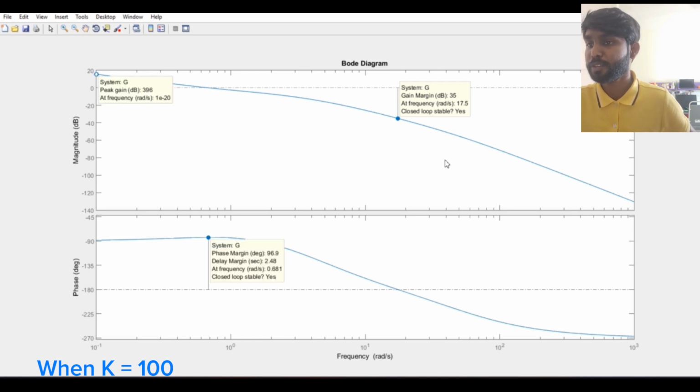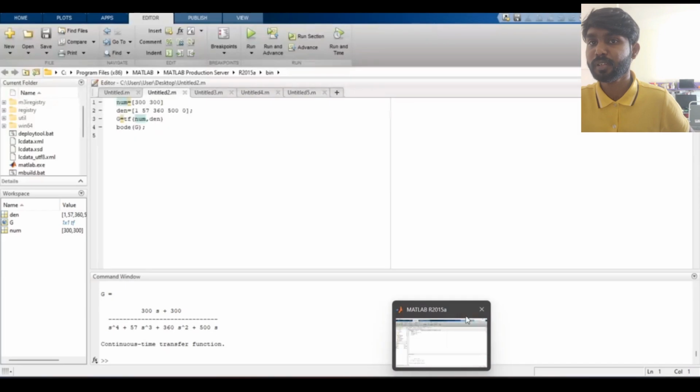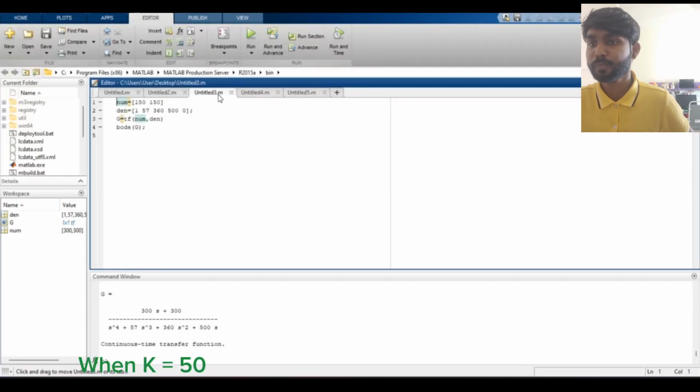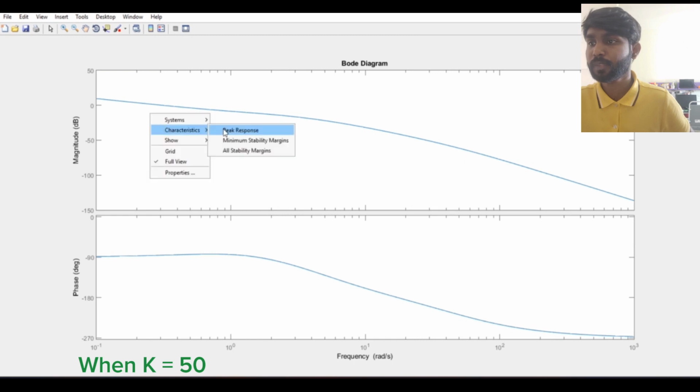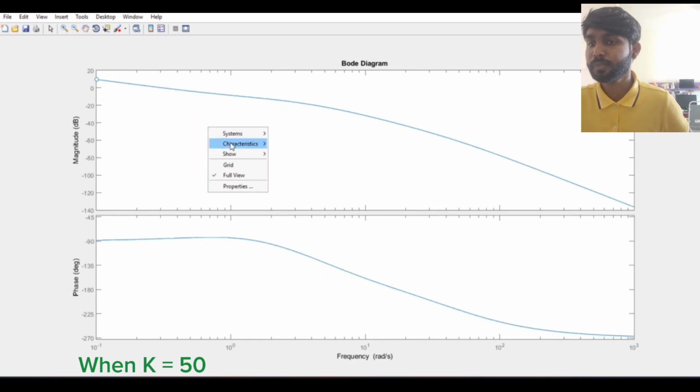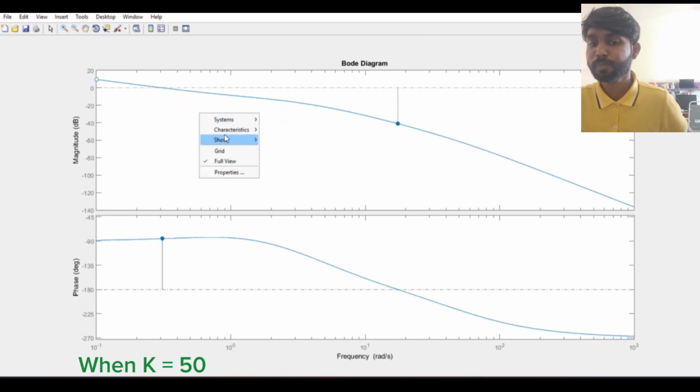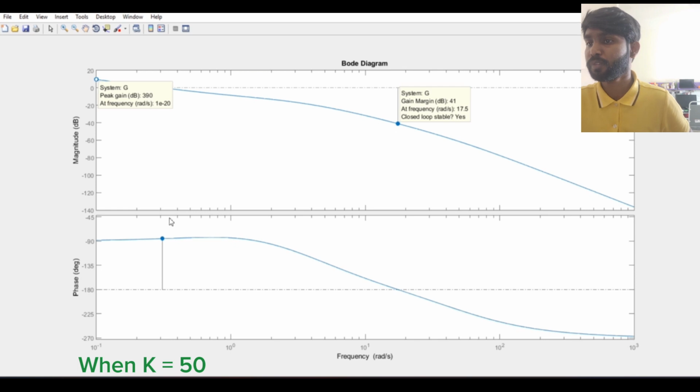When the value equals 50, this is the value for 50.